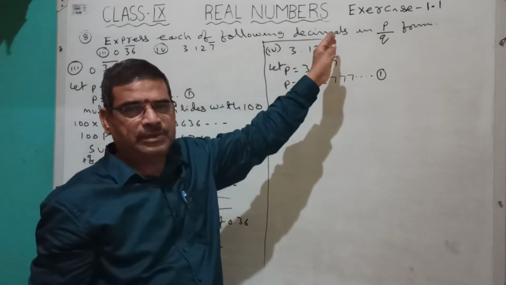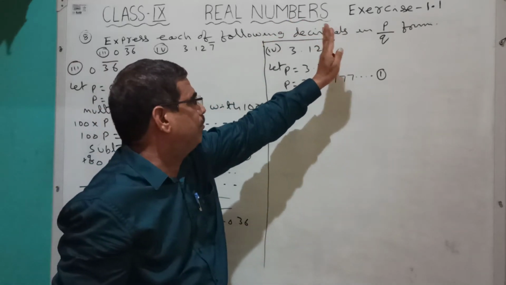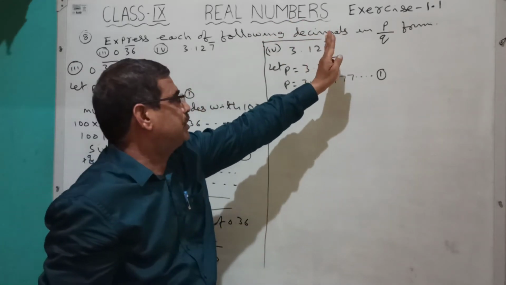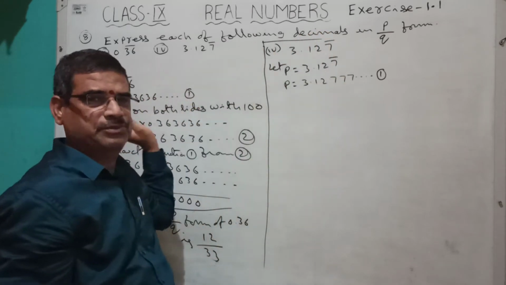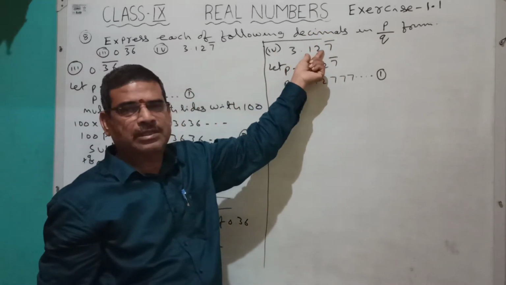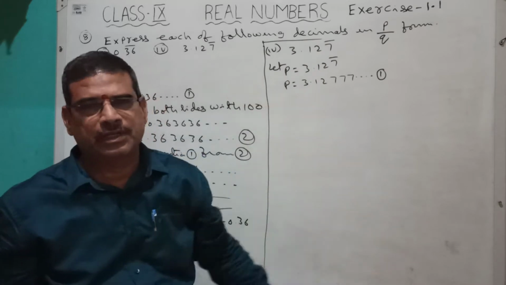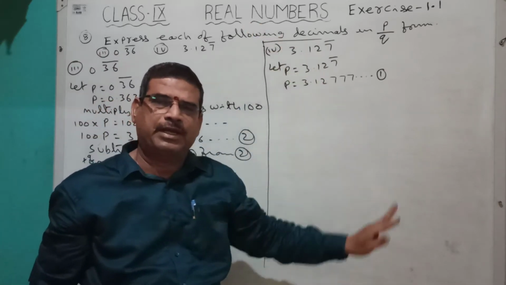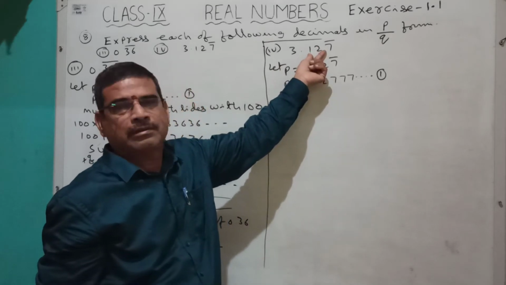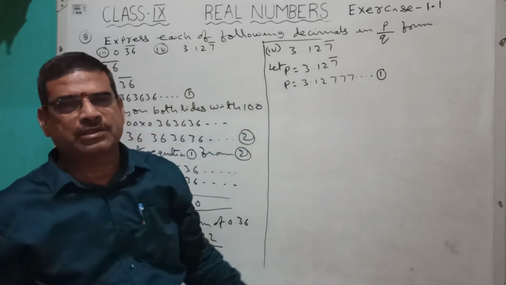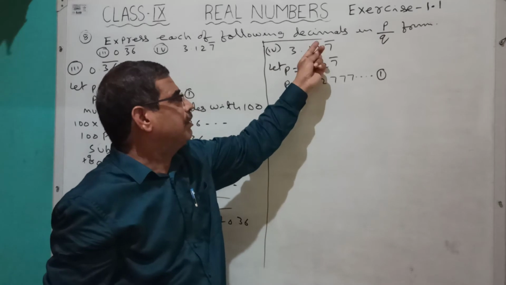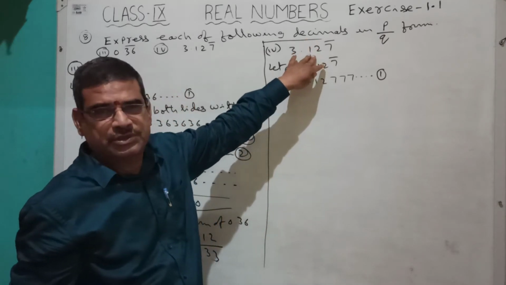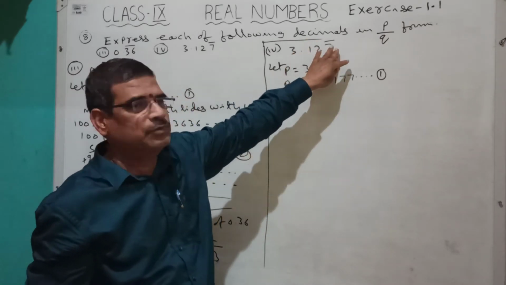How many numbers are there? We have to change the place. This 12 will move to the left side. Here two numbers are there, so I have to multiply with 100. If one number is there, I multiply with 10. If three numbers are there, I multiply with 1000. These are not repeating terms; this 1 2 is not repeating, and the repeating one is only 7.